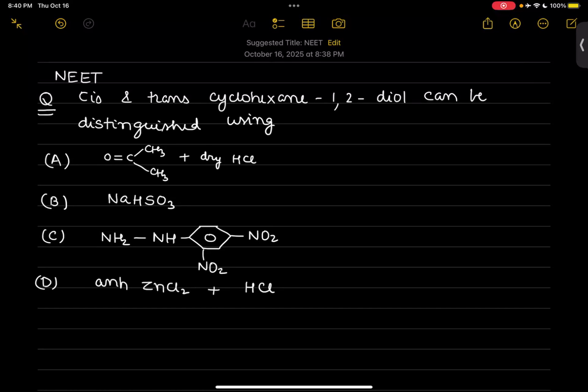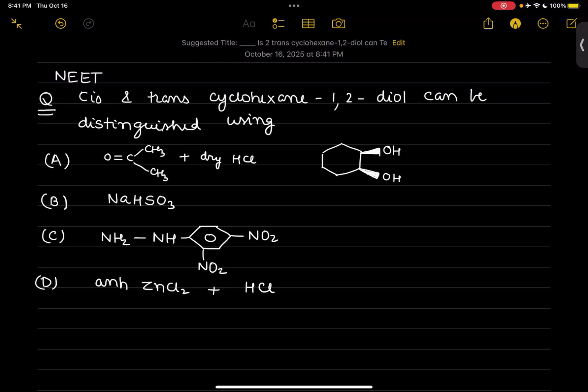This is a bit difficult question, and it is actually of your JEE level. They have given cyclohexane 1,2-diol. If it is cis, both the OH groups on the first and the second carbon are on the same side of the ring, let's say both coming above the plane of the paper.